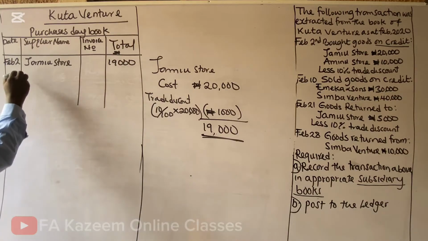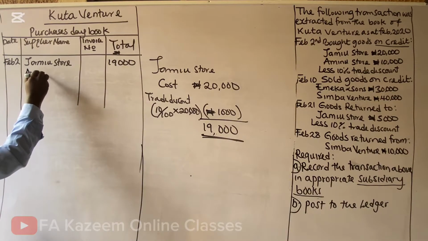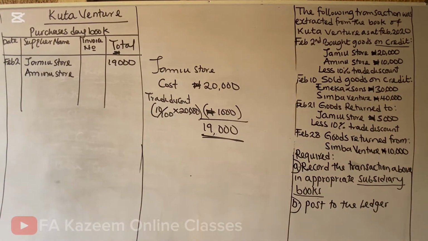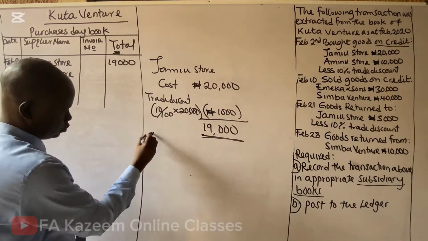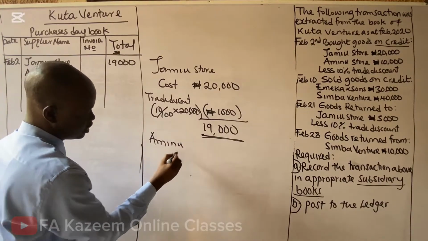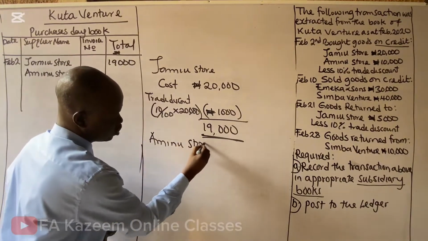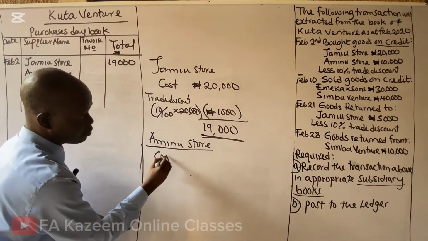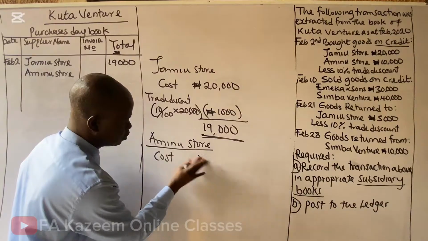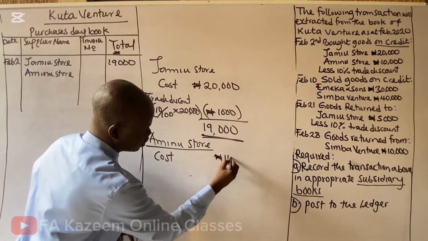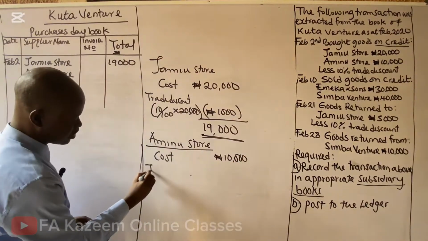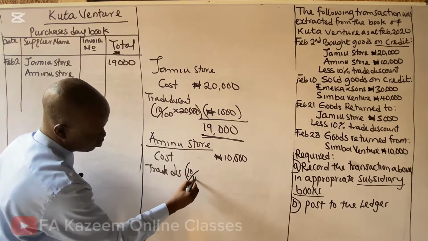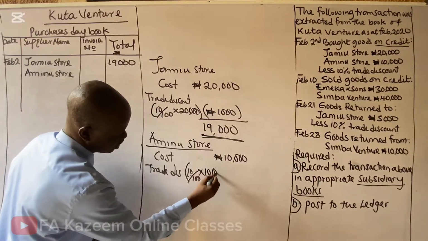At the same time, on the same date, they also buy from Aminu Store. Under Aminu Store, you're not to show the working. Your own is just to give the final figure. But this is how we arrive at the final figure. The cost of Aminu is 10,000 Naira. The trade discount is 10 over 100. That's 10% of 10,000.